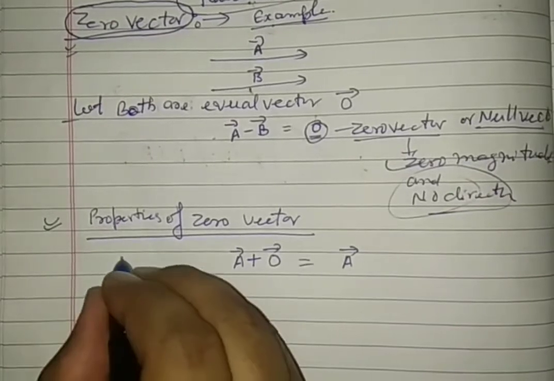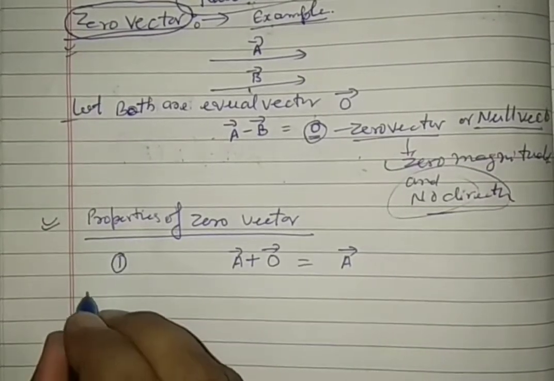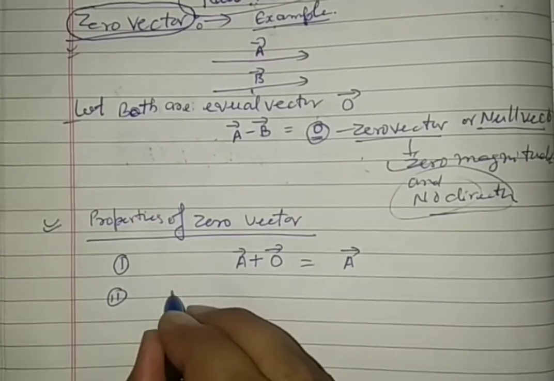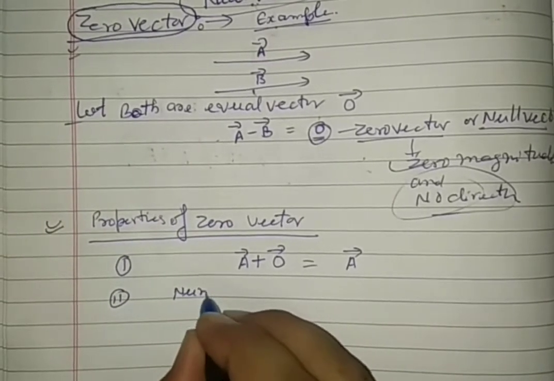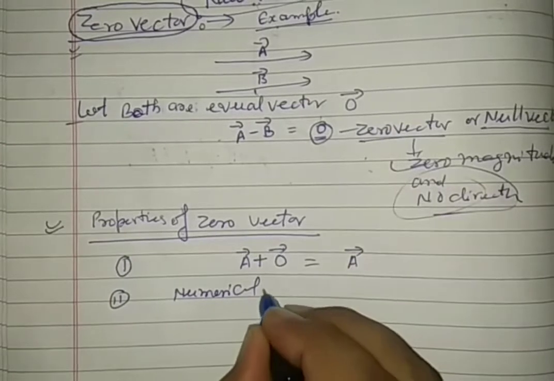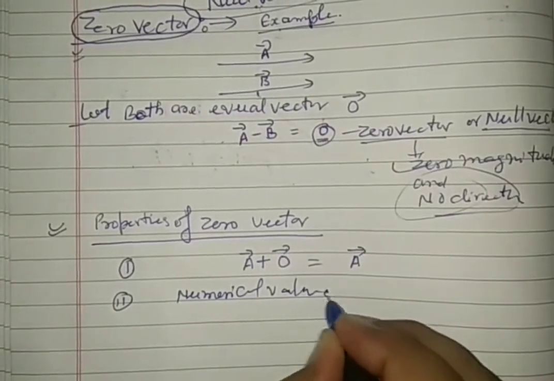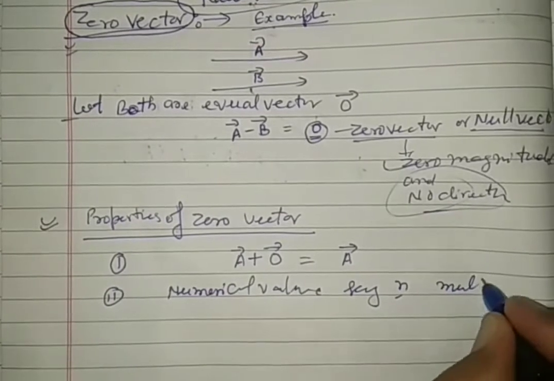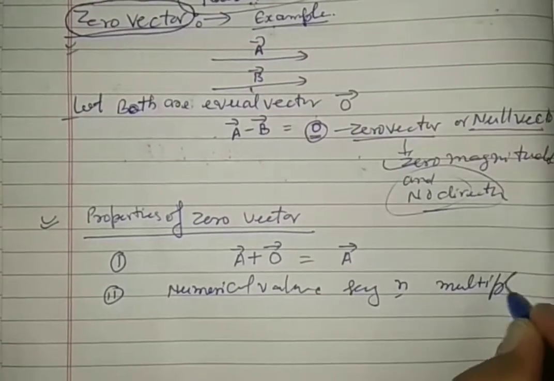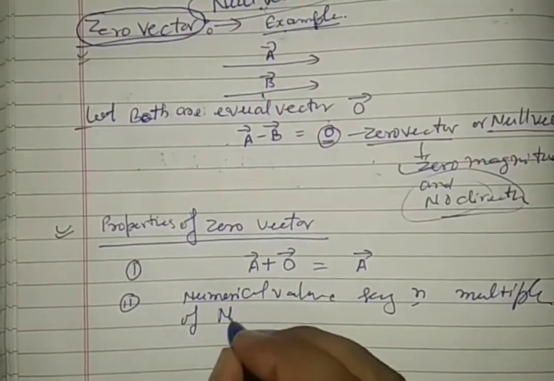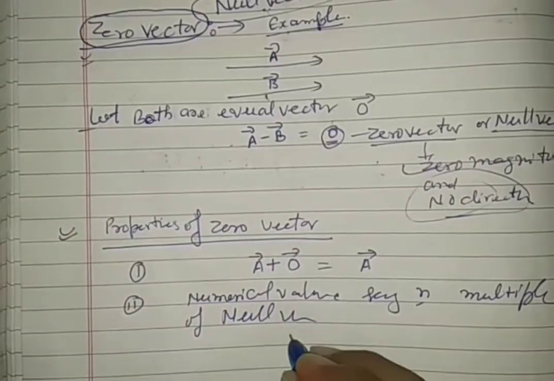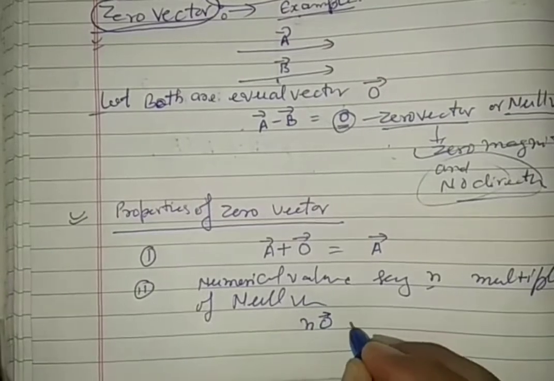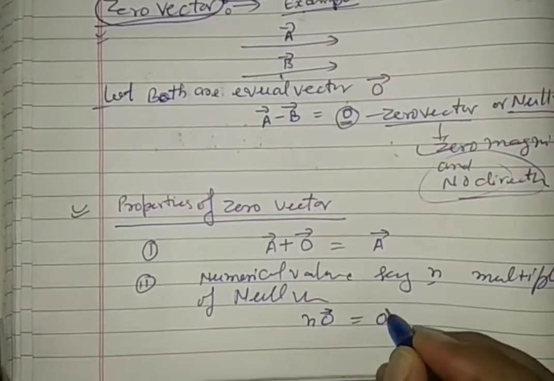This is the first property. Second property, when any numerical value, say small n, is multiplied by null vector or zero vector, the resultant is 0.